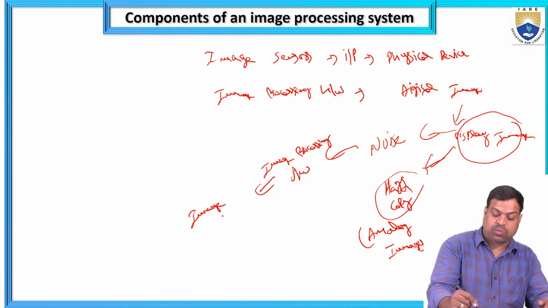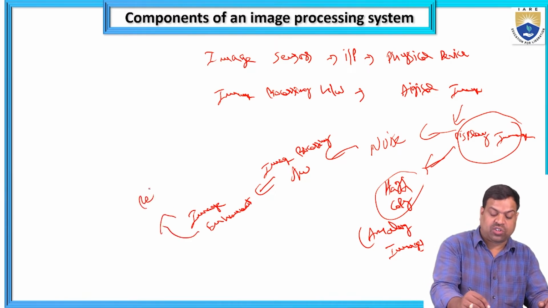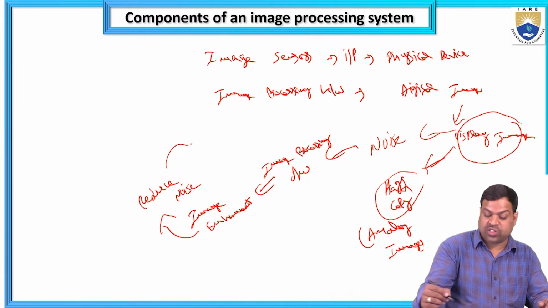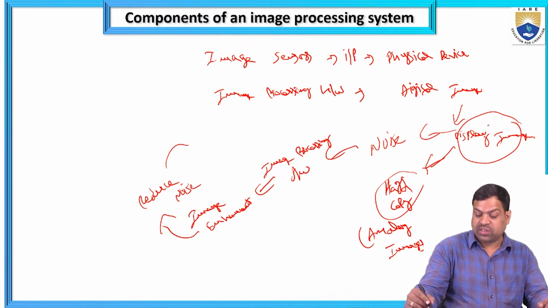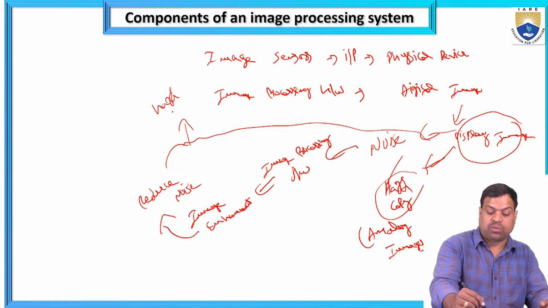It performs the image enhancement process and reduces the noise. Then it goes to the image display, then to the hard copy. The hard copy of the image after the modifications is the output. It is an analog image.